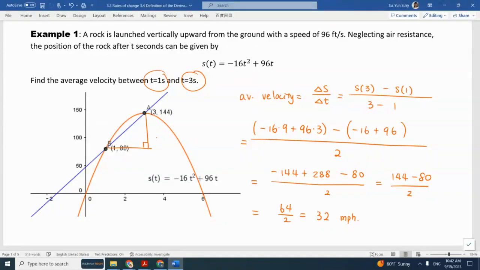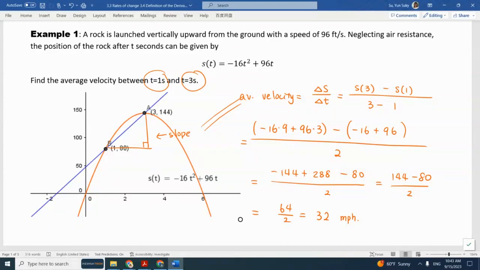So average velocity is like the slope. Do you agree, everybody? The slope is change of the y coordinate over change of the x coordinate. In this case, the x coordinate is the t, the time. The y coordinate is the s, the displacement function. So your slope is like the average velocity.